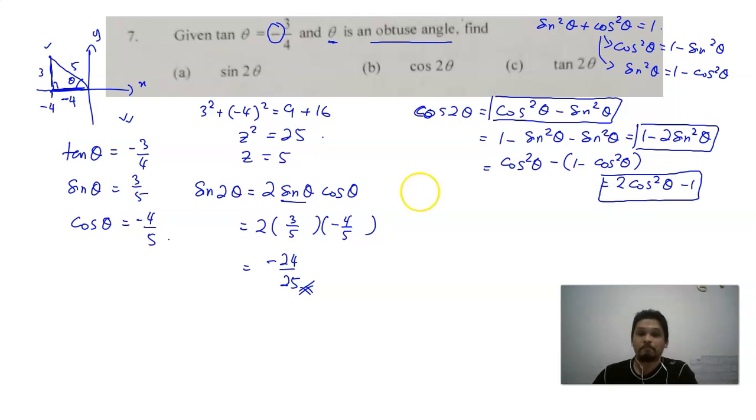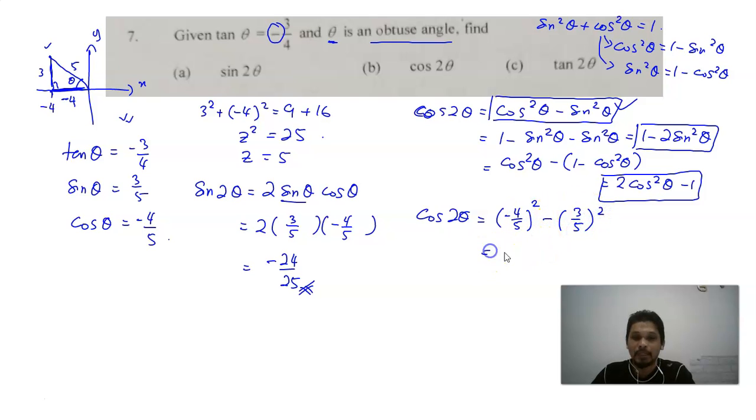Now for cos 2 theta, if I choose the first one, cos theta equals negative 4 divided by 5, squared, minus sine squared, where sine equals 3 over 5 squared. So negative 4 squared is 16 over 25 minus 9 over 25. 16 minus 9 equals 7 over 25. Yes, that's correct.